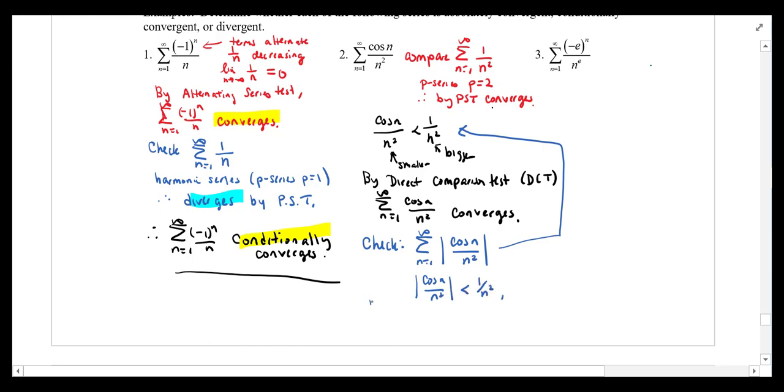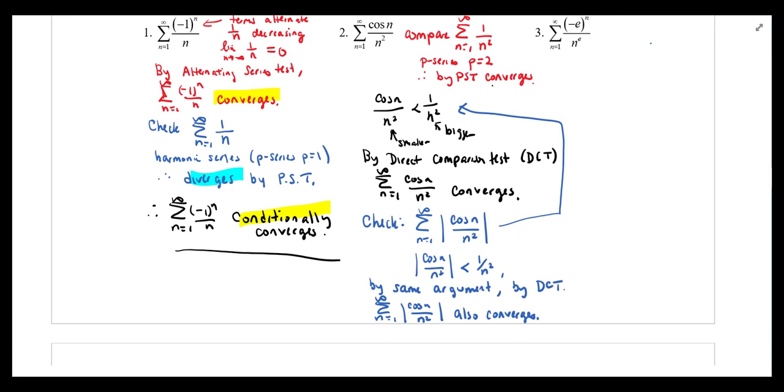Okay. So by the same argument as above, we know by the direct comparison test, the sum of n equals 1 to infinity of the absolute value of cosine n over n squared also converges. So therefore, what can we say about the original function?